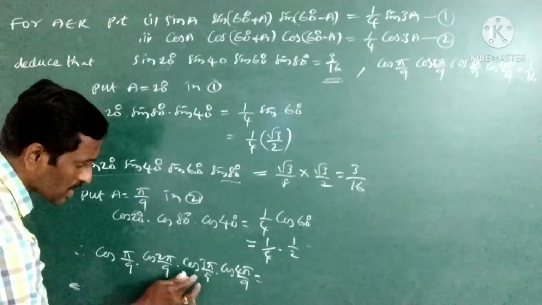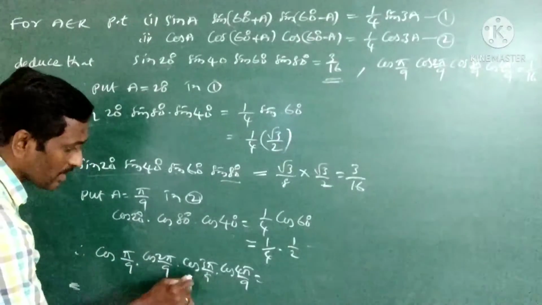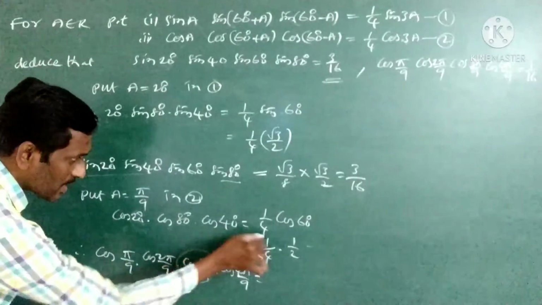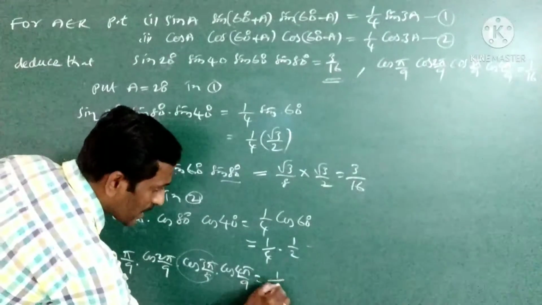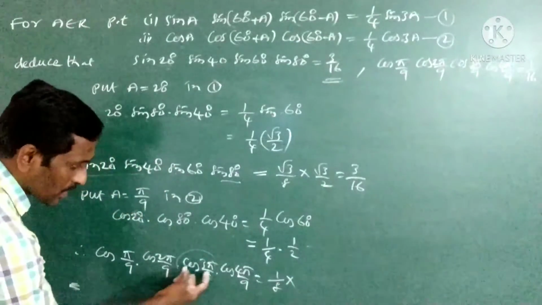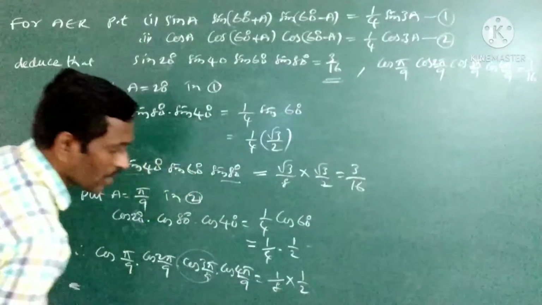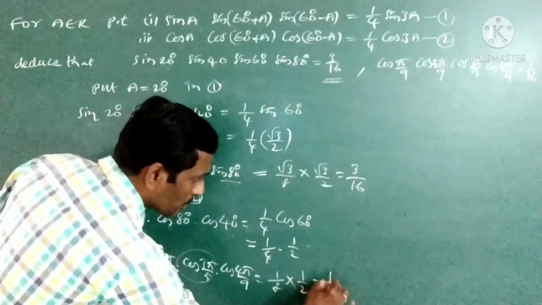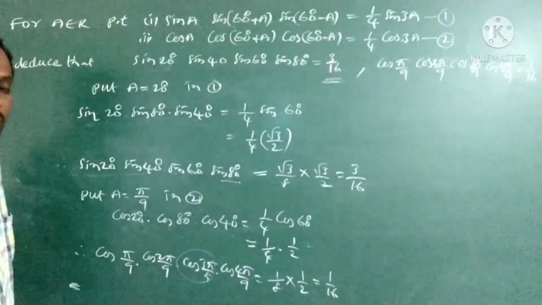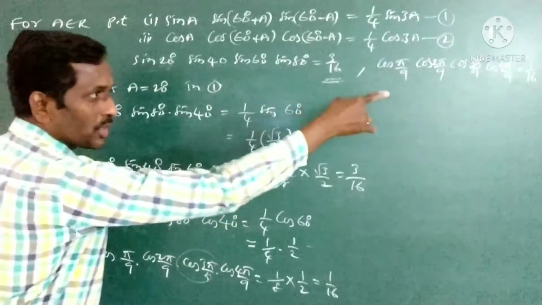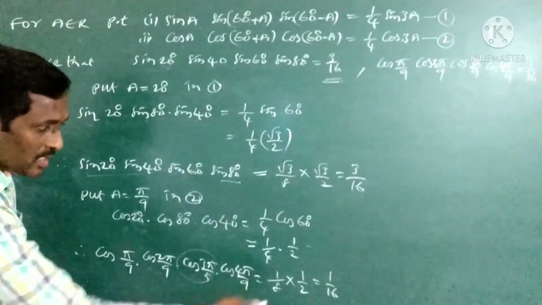We know the value, 60 we have to write the value. So the remaining result is this, the value 1 by 8 into cos 60 with the value 1 by 2. So if you put the value, then you will get the result 1 by 16. It is the answer.